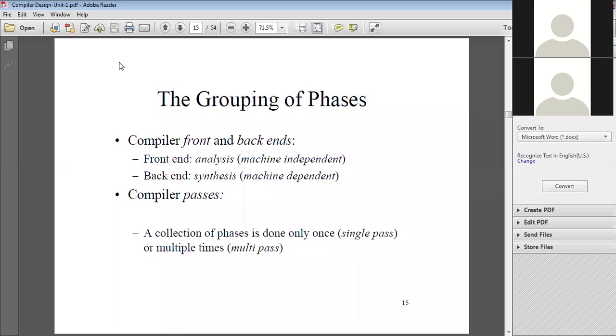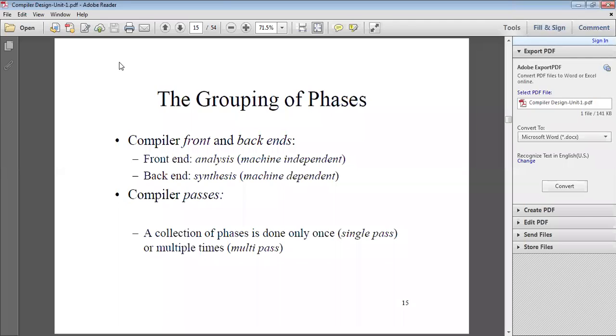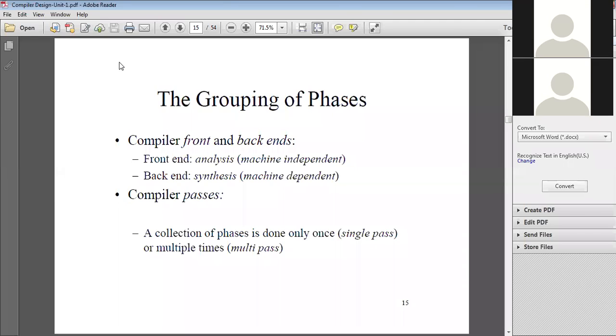Passes of compiler: the compilers may be single pass or multi pass. Means we always do some work, and our target is to manage our load. So how will we manage our load? Then we create some other departments or sections so that we can manage our load completely and uniformly. Similarly, the compiler also manages its load.